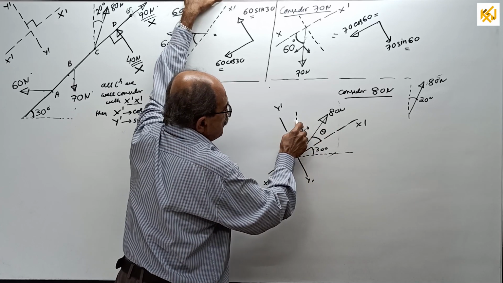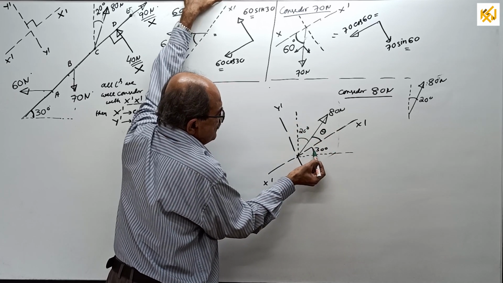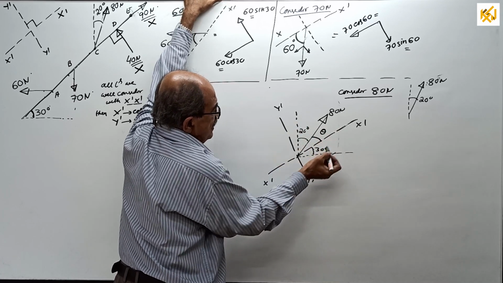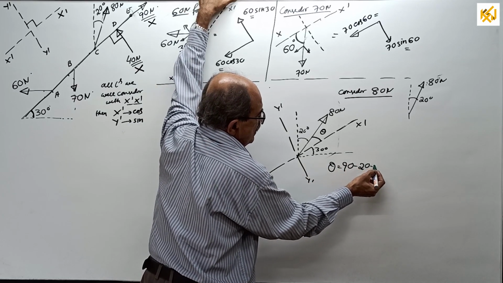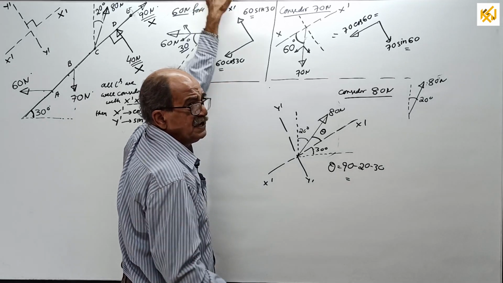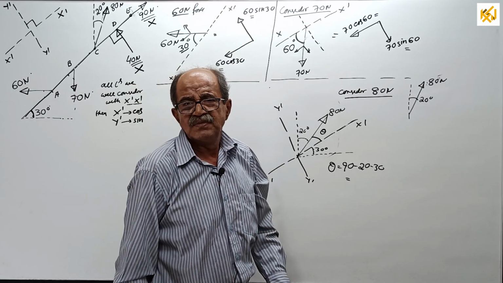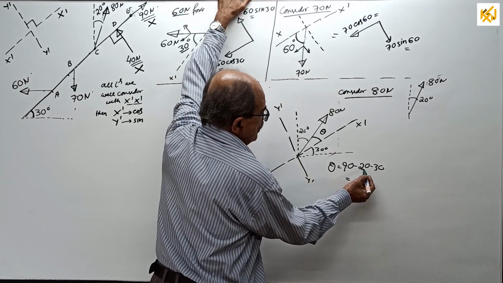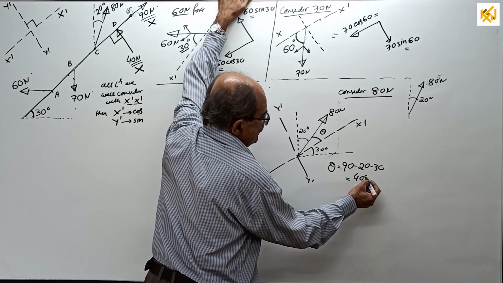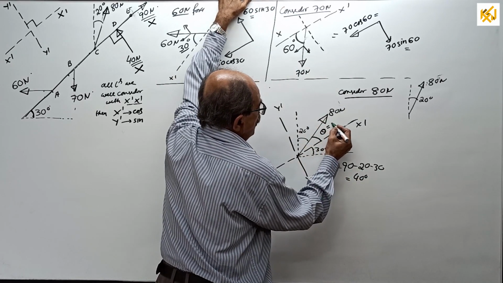What you have to do? From 90 degrees, subtract 30, subtract 20, your theta will come 90 minus 20 minus 30. Okay, little work you have to do. So little you have to observe and decide. So this will be how much now? This is 40 degrees. So this theta, you got 40 degrees.